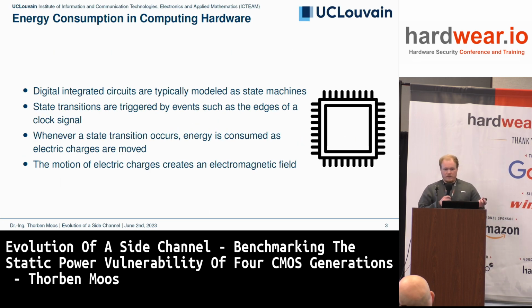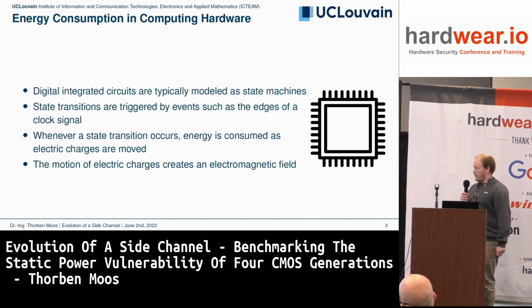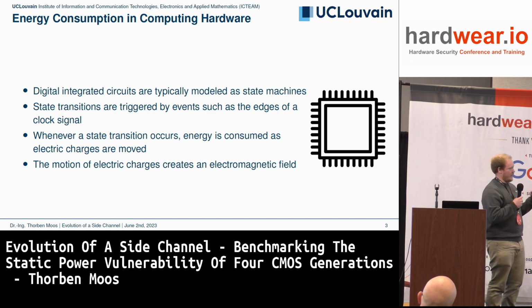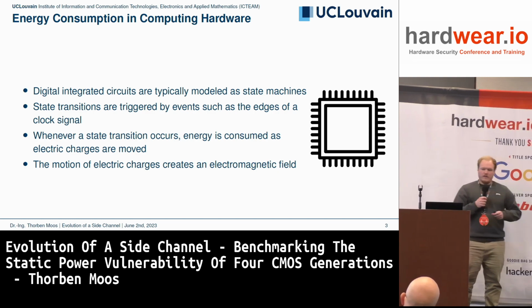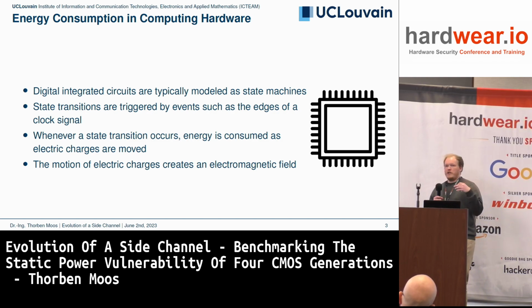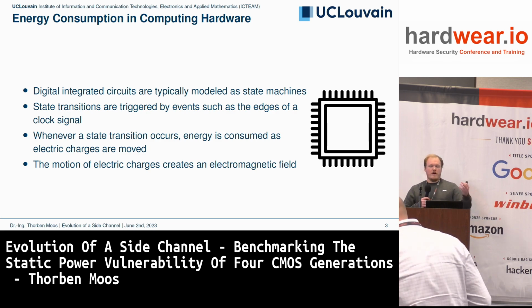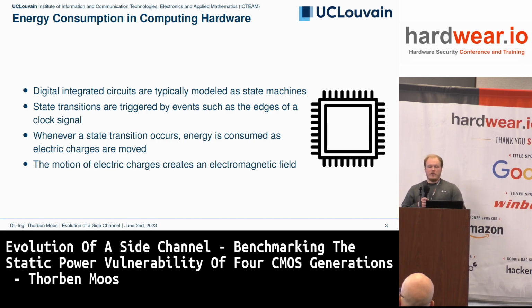Okay, let's get to the introduction. I guess you all know that energy consumption in computing hardware is one of the factors that we can use for side channel attacks if we have physical access to a device. Digital integrated circuits are typically modeled as state machines, where state transitions are triggered by events such as the clock edge.